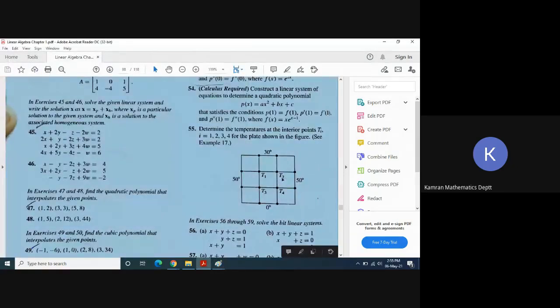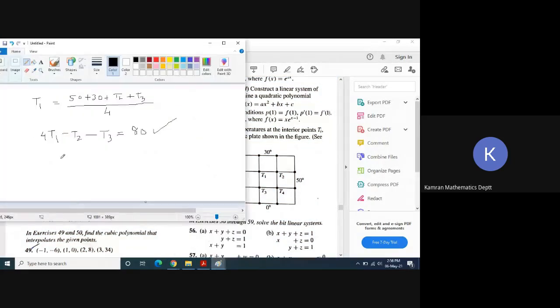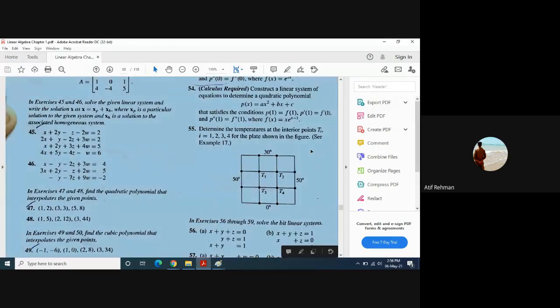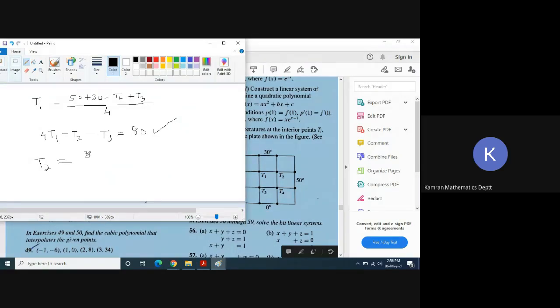Similarly for T2 we will have T2 equal to 30 plus 50 plus T1 plus T4, divided by 4.